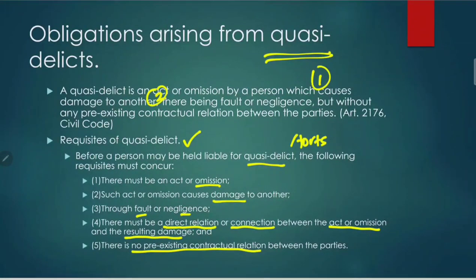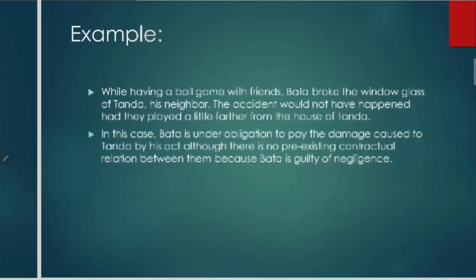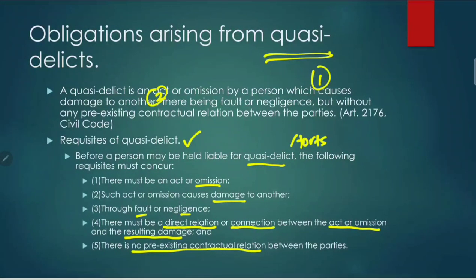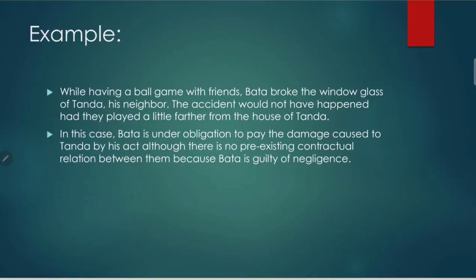And there must be a direct relation or connection between the act or omission and the resulting damage. So, clear naman na kaya nagkaroon ng damage, kaya nabasag yung window glass is because tinamaan ng bola. Which is the act or omission, which is the act committed by Bata. And then lastly, there is no pre-existing contractual relation between the parties. Walang pre-existing contractual relation between Bata and Tanda.